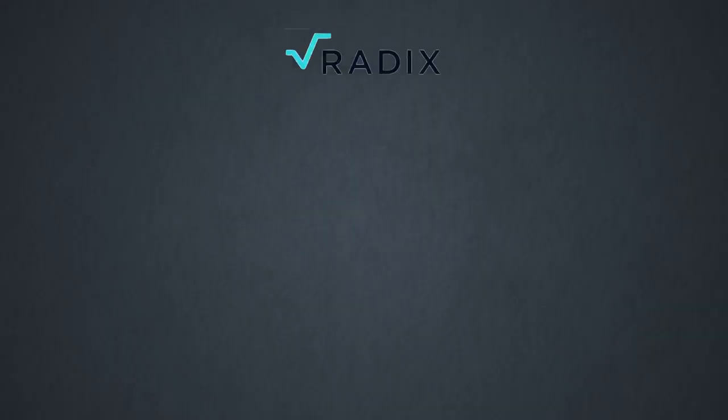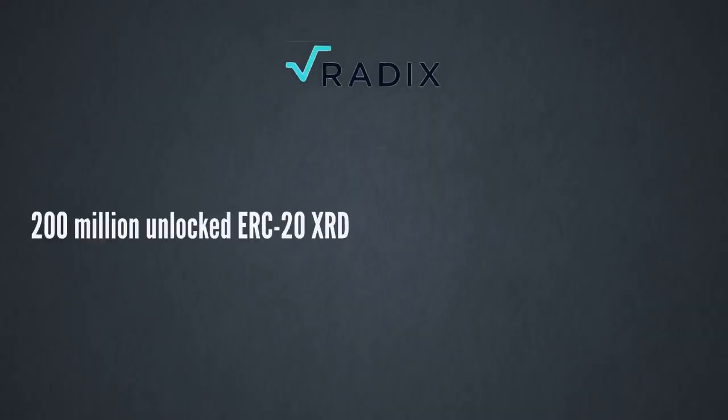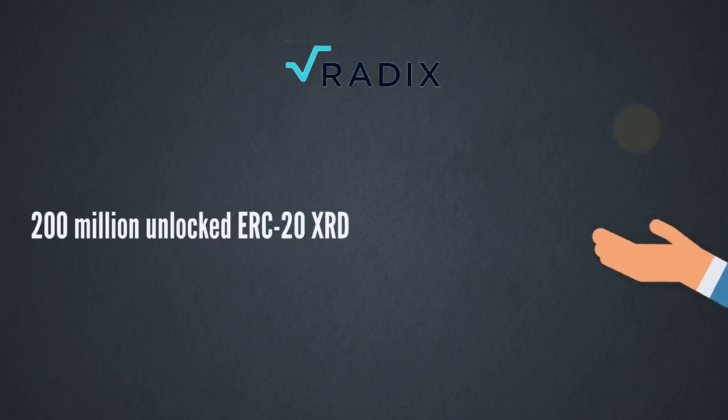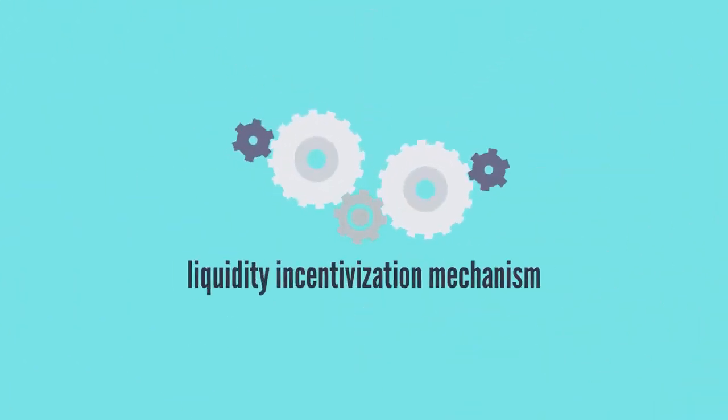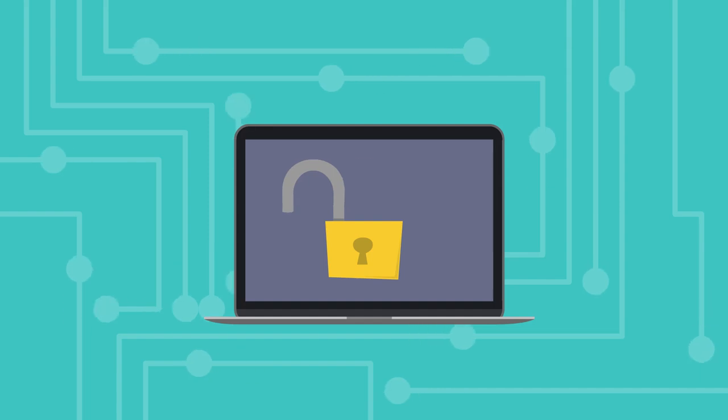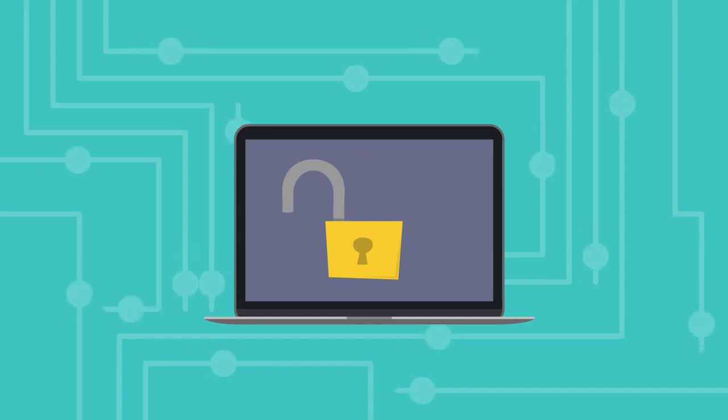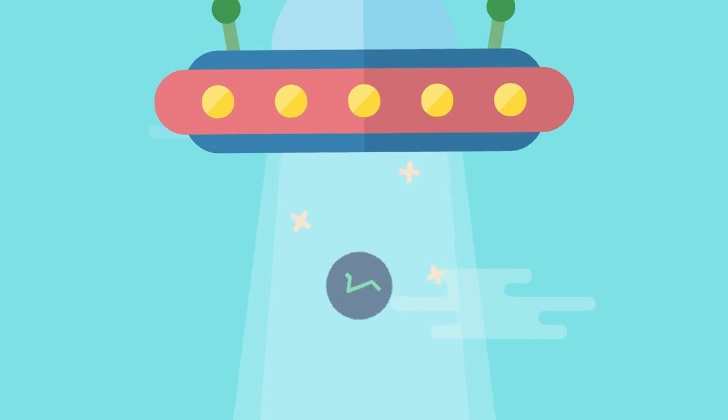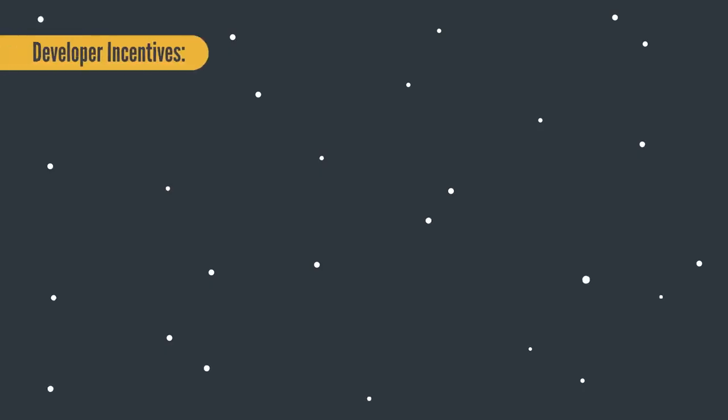Of this distribution, Radix Tokens Limited, a subsidiary of the Radix Foundation, will receive 200 million unlocked ERC20 XRD, or 4.5% of this initial distribution, which are expected to be released via a long-term liquidity incentivized mechanism. 10 million ERC20 XRD is unlocked as a marketing token float. The marketing token float is subject to a variety of different lockups. Developer incentives.